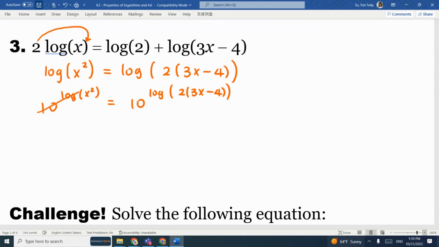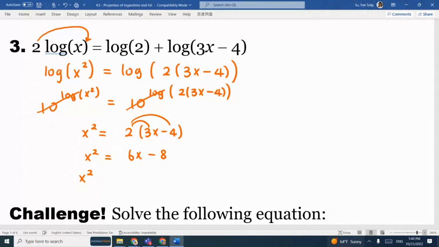Do you see 10 and log cancel? We have x squared. 10 and log cancel. We have 2 times 3x minus 4. Yeah? Okay, we distribute. What's 2 times 3? 6x. And then minus 8. Okay, this is a quadratic equation. So we can move all the terms to the left-hand side.